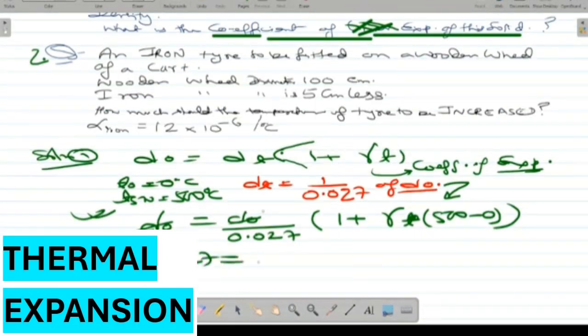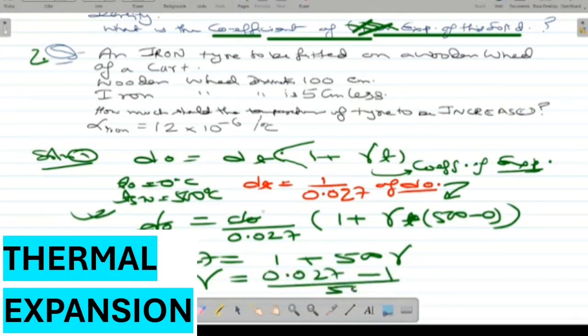0.027 goes into the LHS, and it will be 1 plus 500 gamma, and gamma will be equal to 0.027 minus 1 divided by 500.